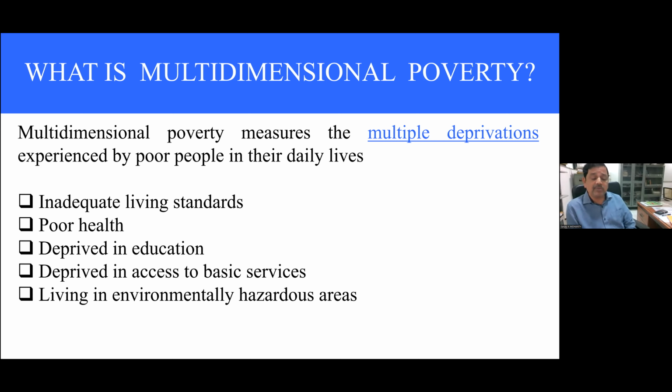For example, it can be the economic domain, the health domain, deprivation in education, deprivation in basic services, and people living in a poor environment is also a kind of deprivation. So these concepts involve a much broader set of domains.